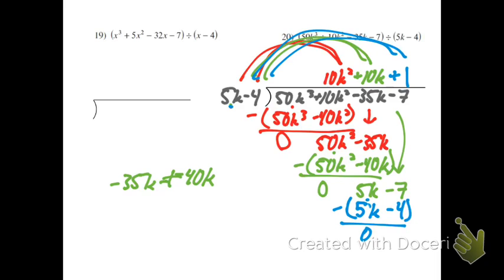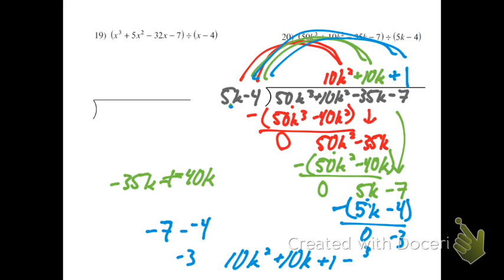Then negative 7 minus negative 4, negative 3. So here's my answer, my quotient. My 10k squared plus 10k plus 1 minus 3 over 5k minus 4. Okay, so that whole thing is going to be your quotient.